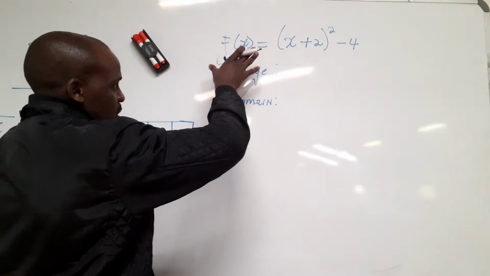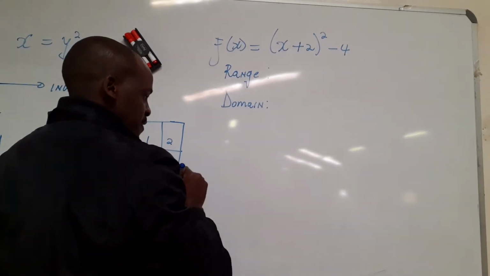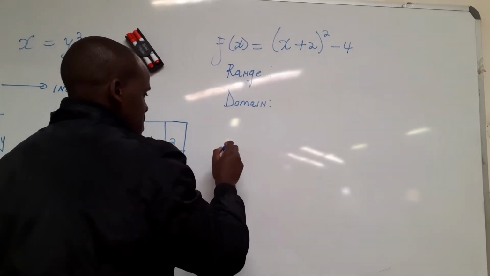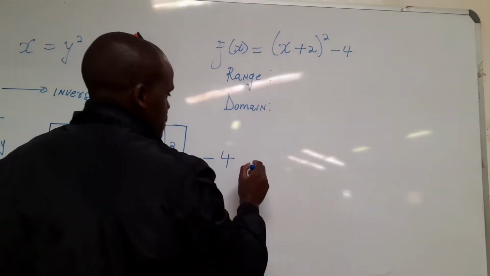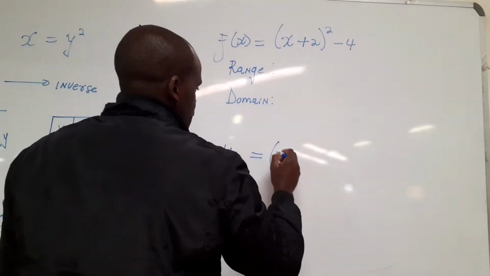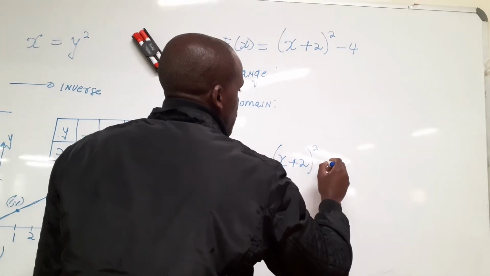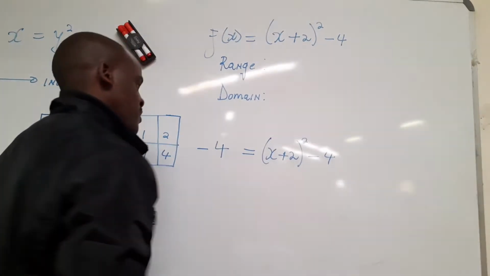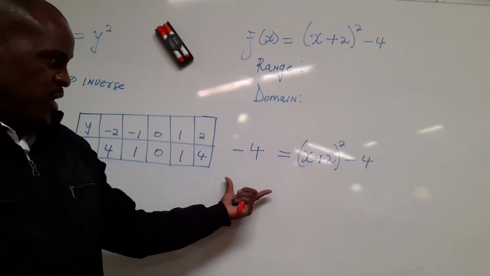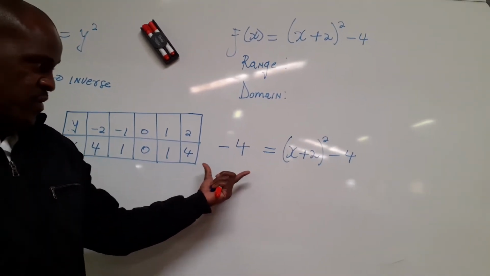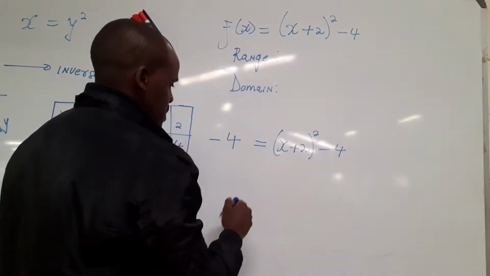For instance, let's say here you are putting negative 4 in the place of f at x. Let's say f at x is negative 4 equals x plus 2 all squared minus 4. And we are to solve this for x. We transpose.